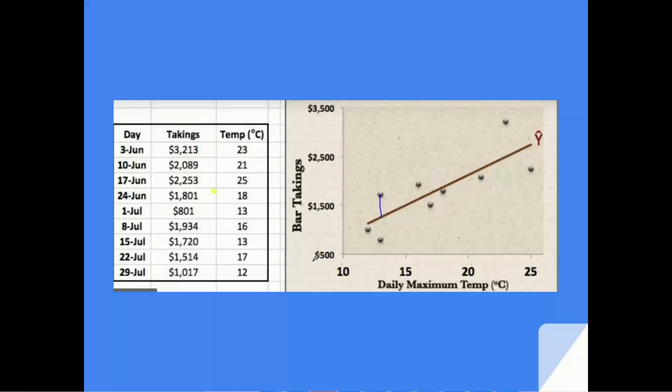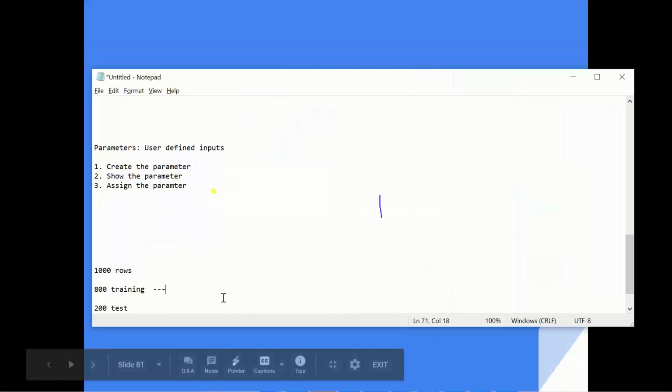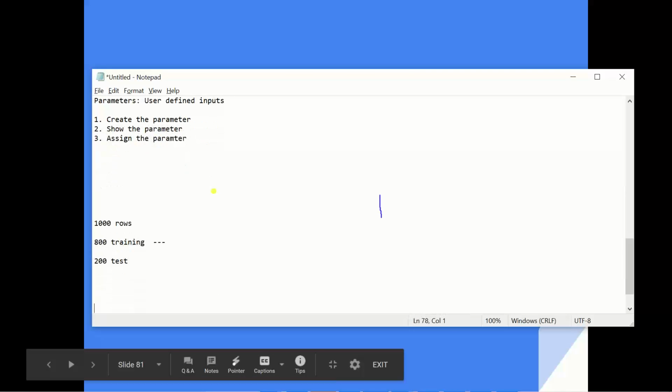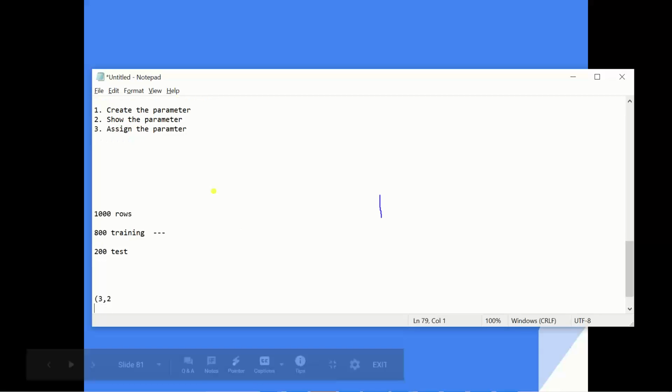So suppose I give you some pointers like this, say one coordinate is 3, 2 and another is 4, 3.